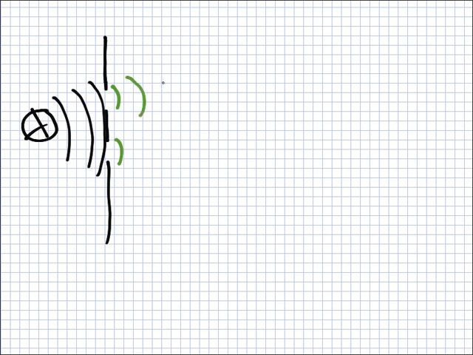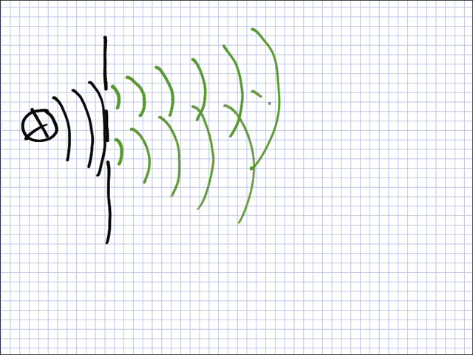Now, as the wave spreads out, I'll use green to represent crest and red to represent trough. So go crest, crest, crest, and crest like that. And then here, crest, crest, crest, crest, crest, crest like that.